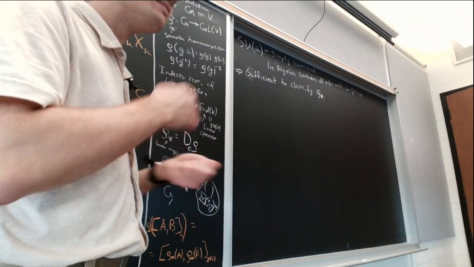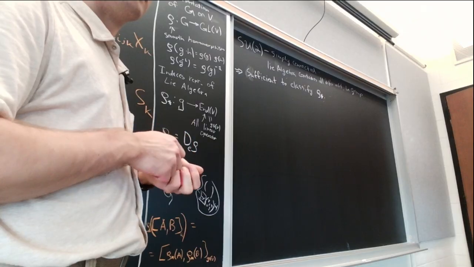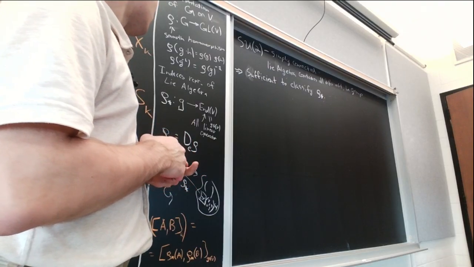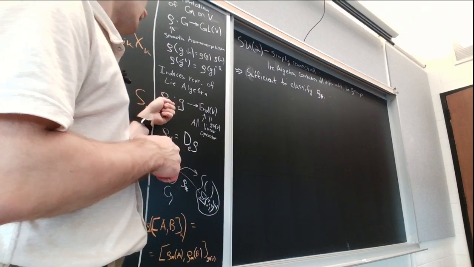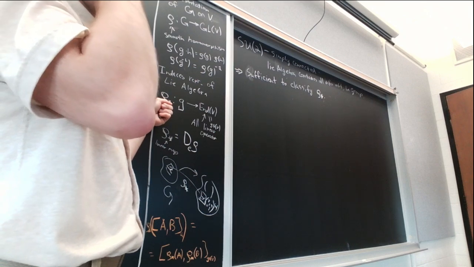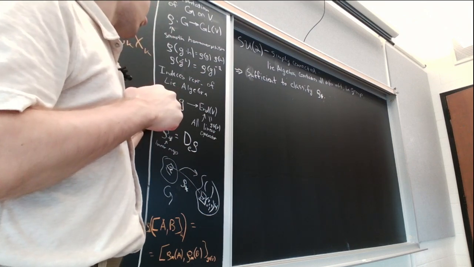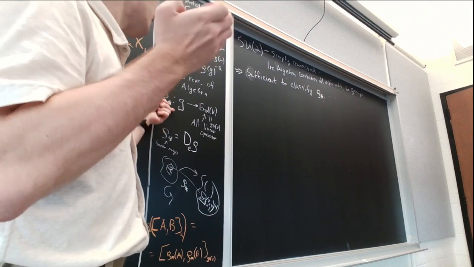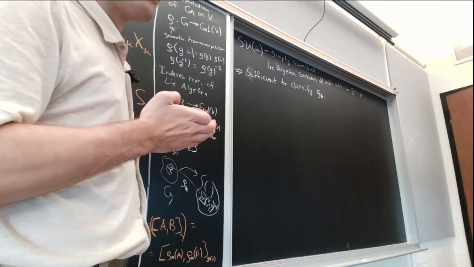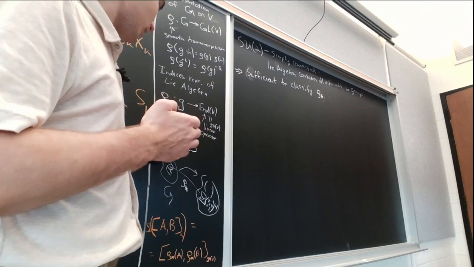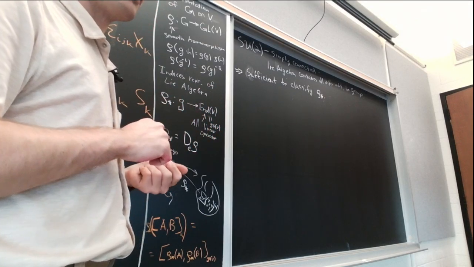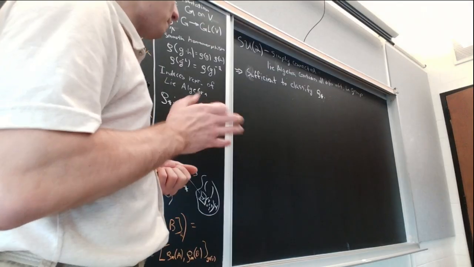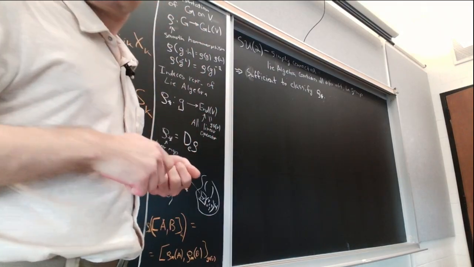Rho star doesn't need to be a smooth homomorphism. Well, it has to be a linear map, but linear maps are already smooth. It's just a derivative. It's a linear map, so much simpler to work with.